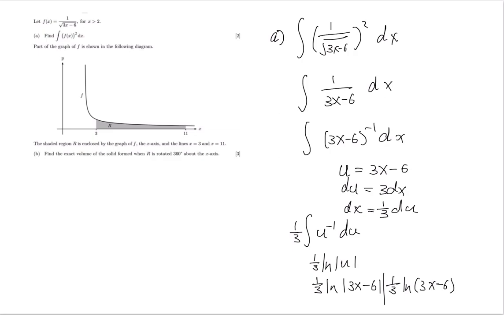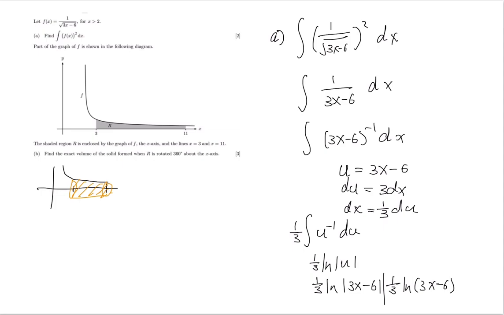And for part B of the question, it's basically asking you to find this region over here. This is 3, this is 11. And it's finding this region here, this area here.